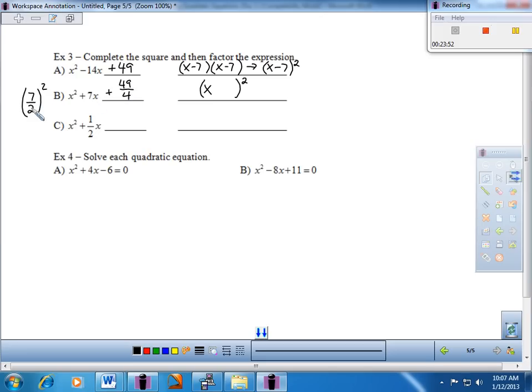Well, guys, obviously it's the 7 over 2. So this is going to be 7 over 2, because 7 over 2 times 7 over 2 is 49 over 4. And if it has to add to that 7x right there, then it has to be a plus right here. So this would be x plus 7 halves times x plus 7 halves. And if I was to FOIL that out, lo and behold, I would get this right here.